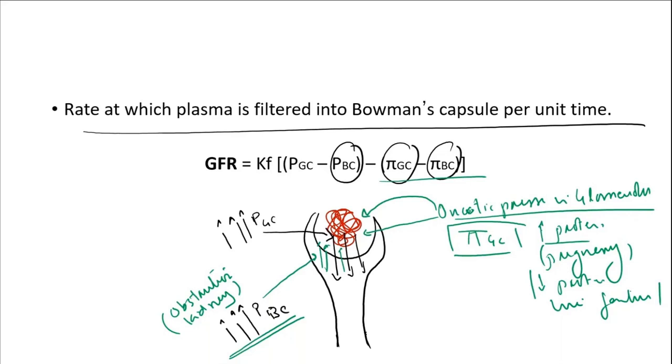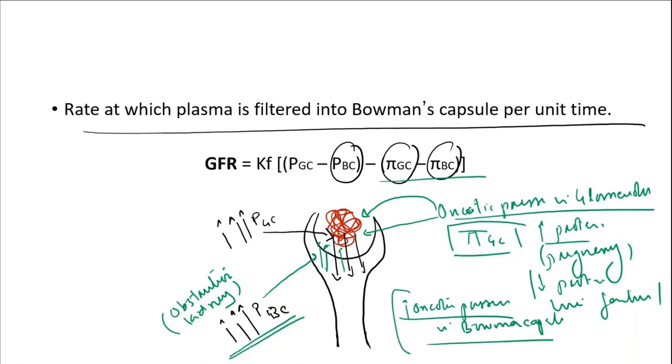Now let's say the oncotic pressure in the Bowman capsule is high. In that case, there will be more filtration. The water will be pulled towards the tubule, but this never happens. This is a very uncommon situation.